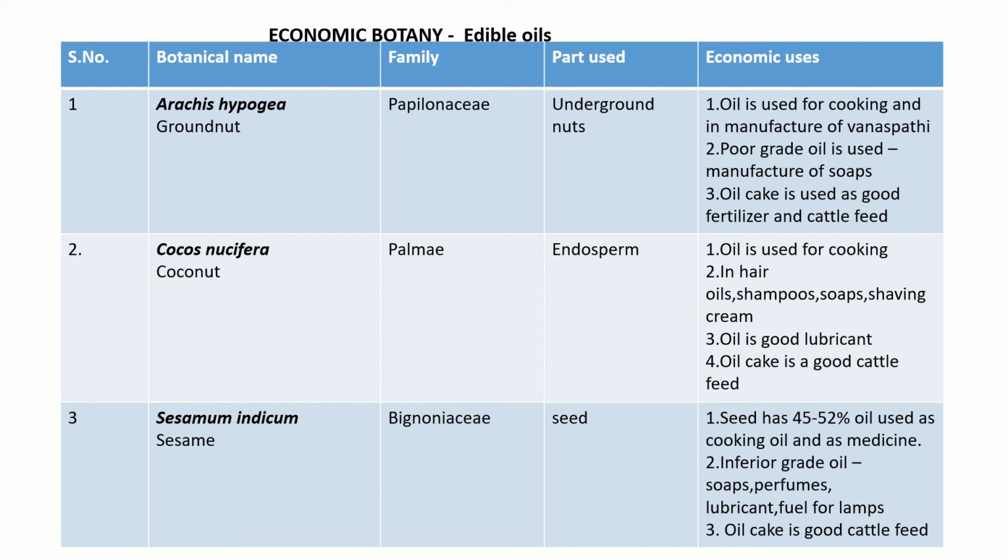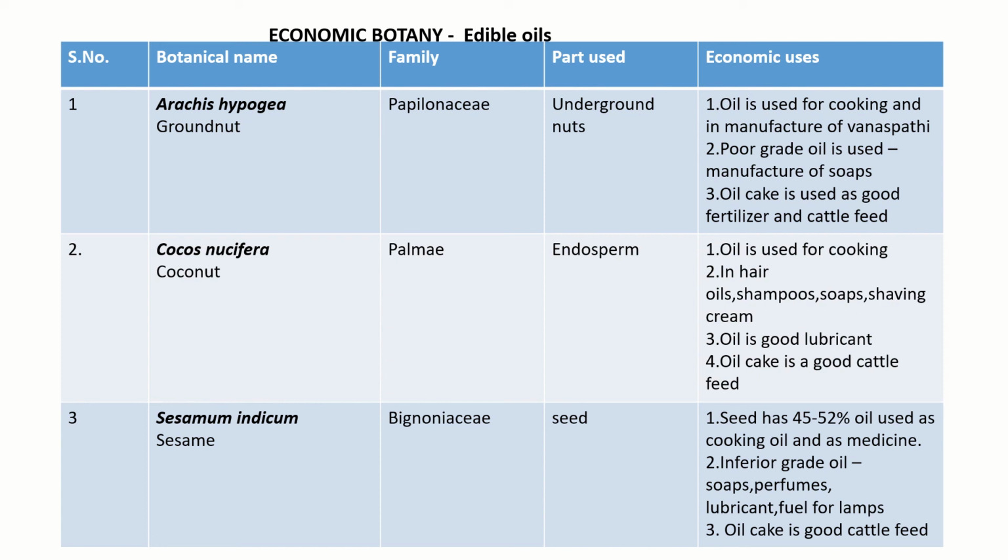Next, we come to Sesamum indicum. The common name is sesame. It belongs to the family Bignoniaceae, and the seeds here are used for the purpose of oil extraction. These oils are used in cooking as well as in medicinal purposes.